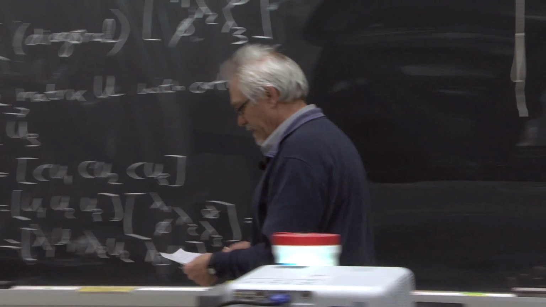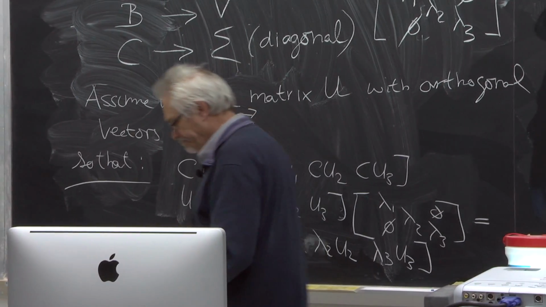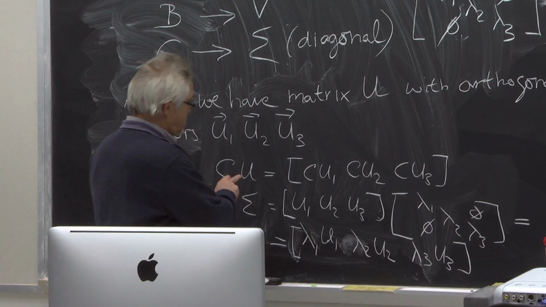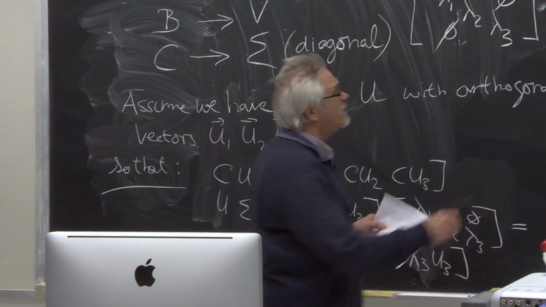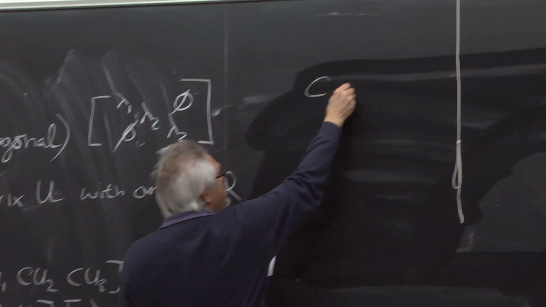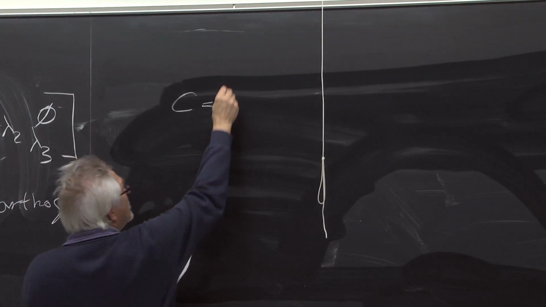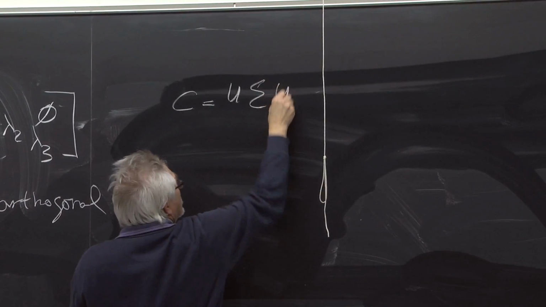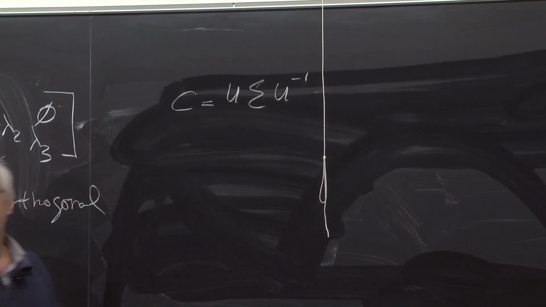So we are now going to take this equation and rearrange it a little bit so that we get an expression for C. And here we assume, though, that U has an inverse, as you can see.